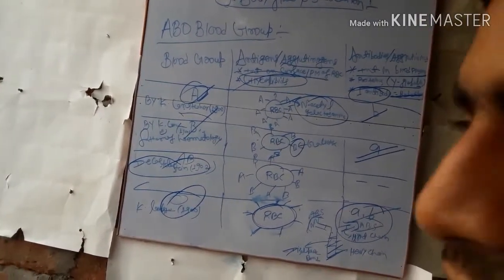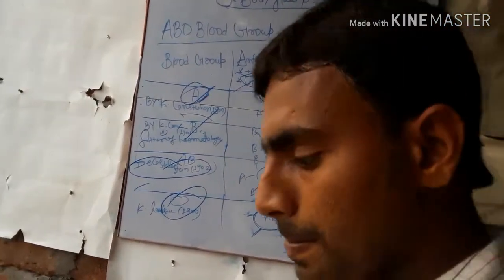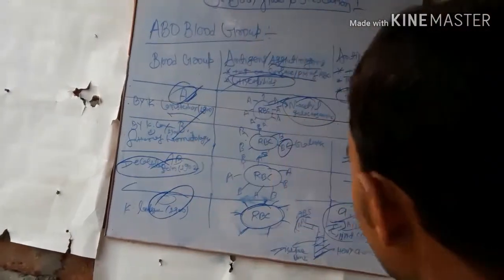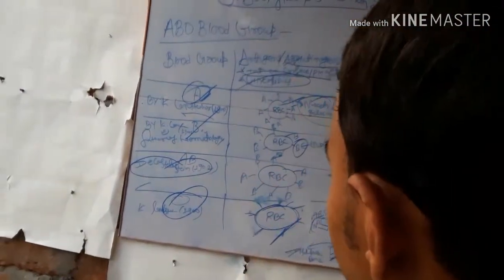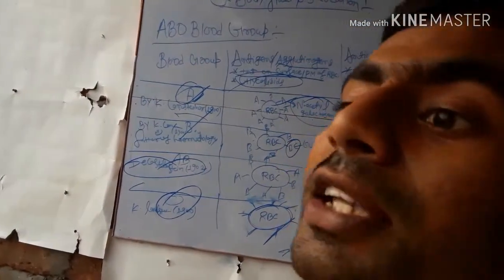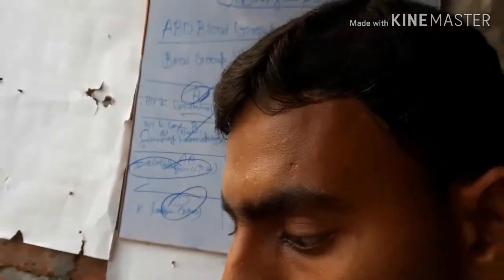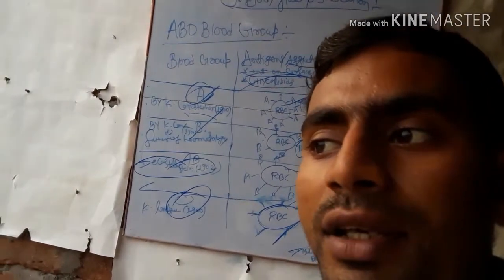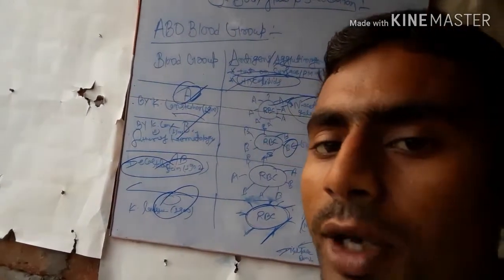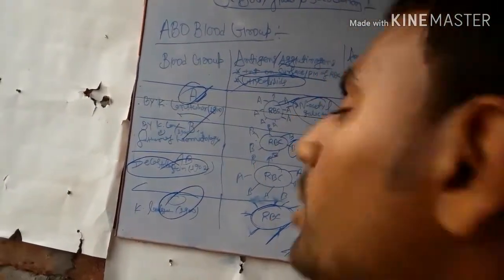In blood group O, antigens A, B and also D are absent.